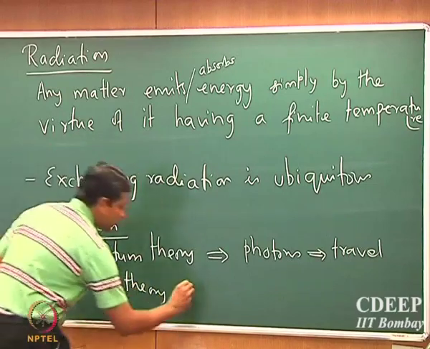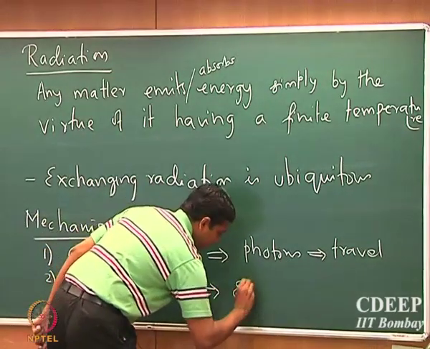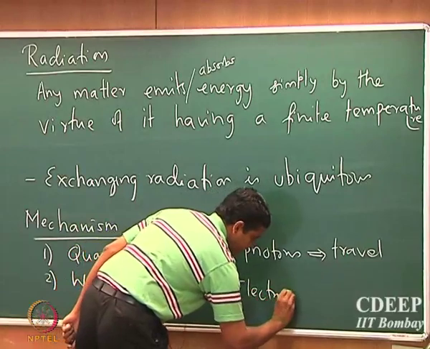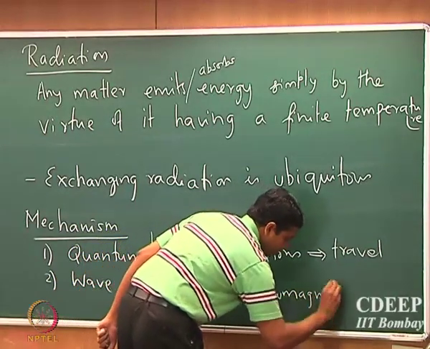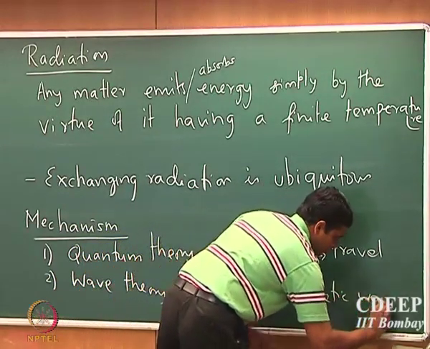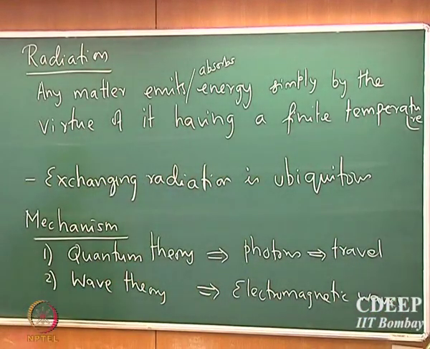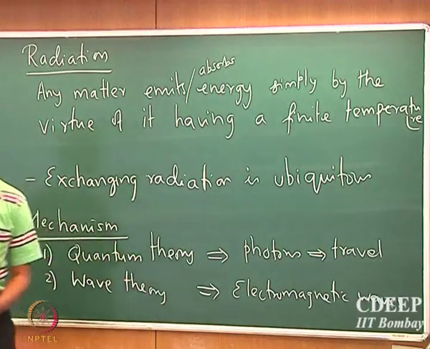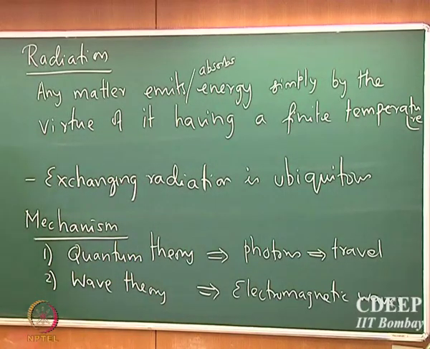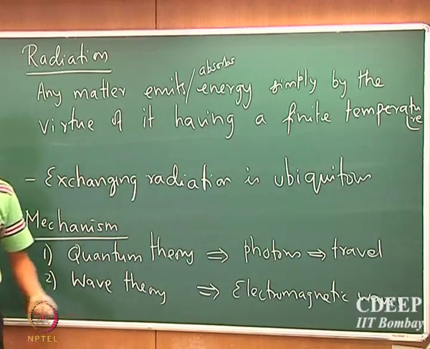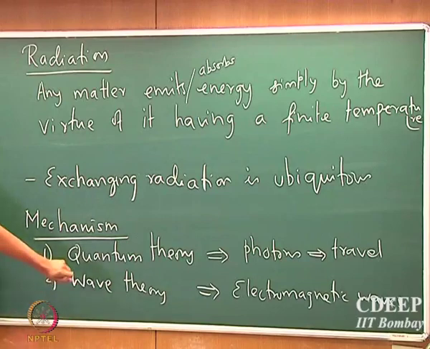The other theory is that these are electromagnetic waves. Because of the temperature of that object it emits electromagnetic waves, and these are intercepted by the receiving object, and that causes the exchange of energy between the two objects. So these are the two theories that exist.